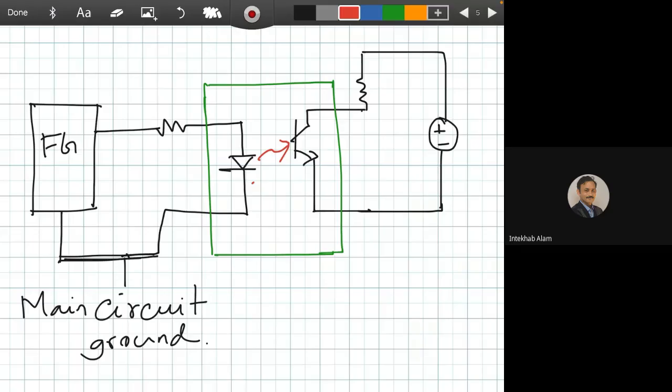Okay, the green box is actually the opto isolator or optical coupler. This is the main circuit the function generator produces.